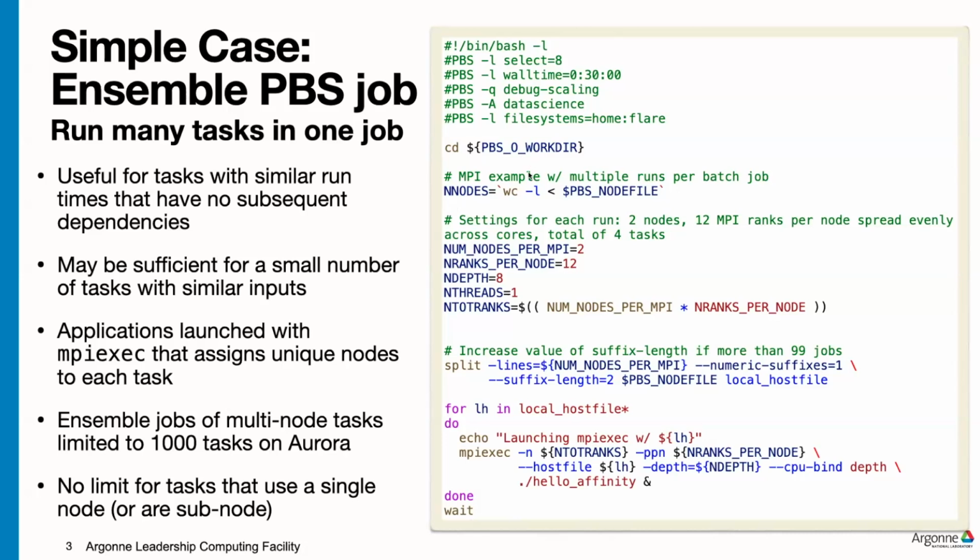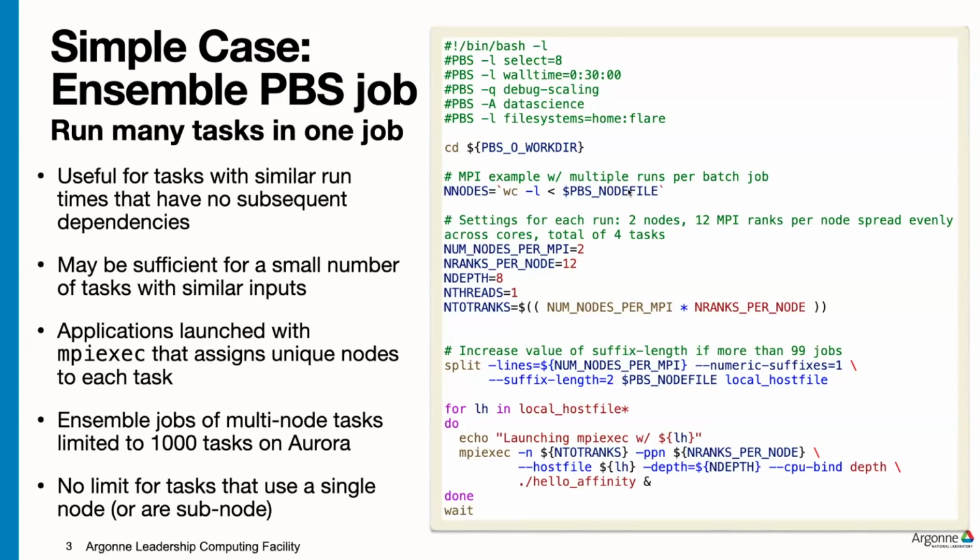But in this case, when you get a job through the scheduler with PBS, you always have an environment variable called PBS_NODEFILE accessible to you in the job. And what that points to is a file on the file system that contains a list of all the nodes assigned to your job.